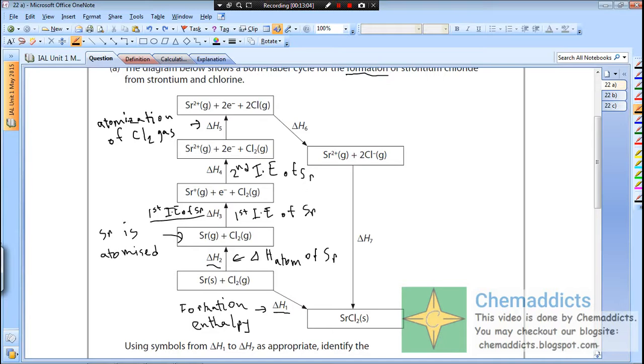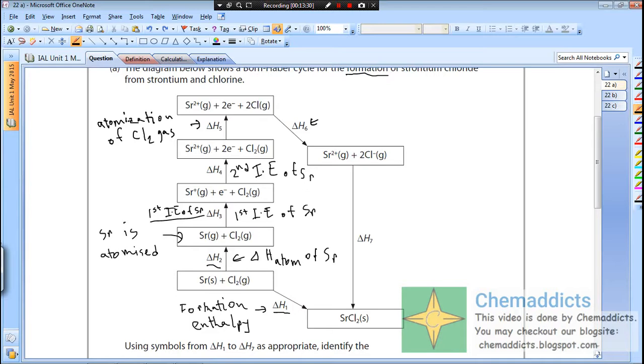Now let us have a look at del H6. In here, as we can see, these chlorine gaseous atoms have gained 2 electrons to form 2 Cl minus. One thing we need to understand is that each chlorine atom received 1 electron. So this should be first electron affinity, not second electron affinity.